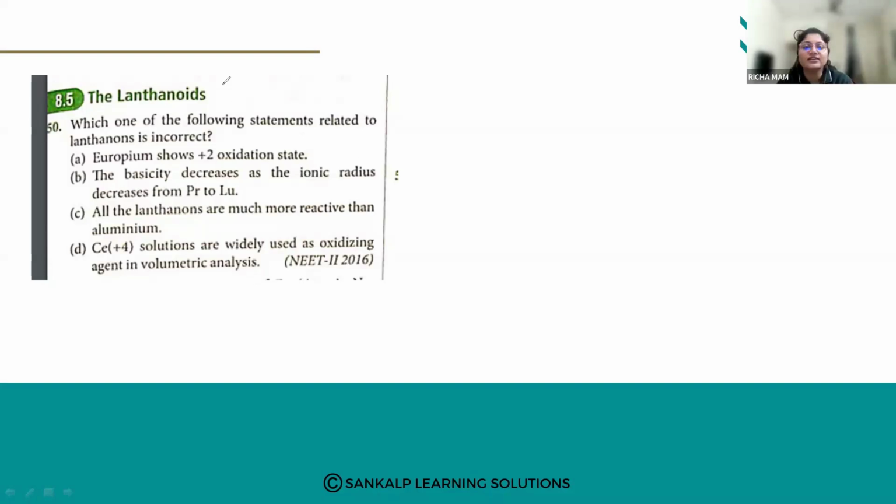In the lanthanide series, the first few members are very reactive, almost like calcium. But as the atomic number increases, they behave like aluminium. So option C.